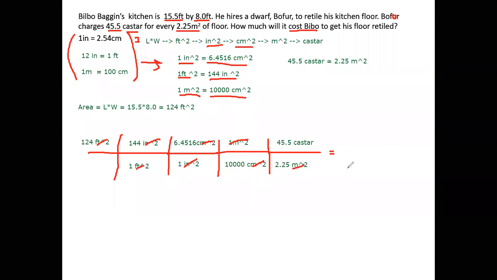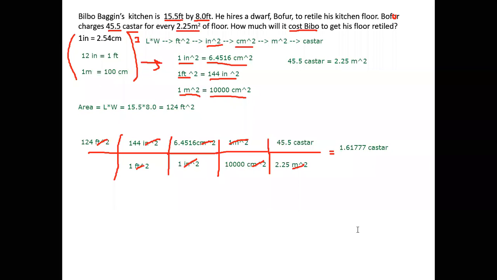So again, you multiply everything on top, you divide by everything on the bottom. So we get about 1.6177 Castar.